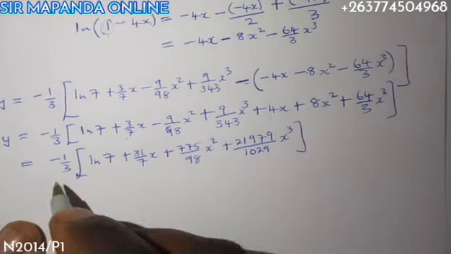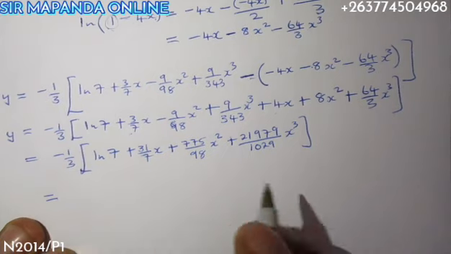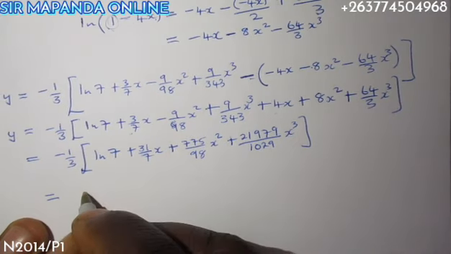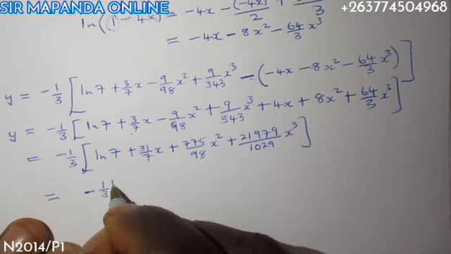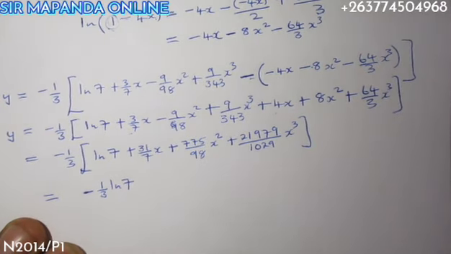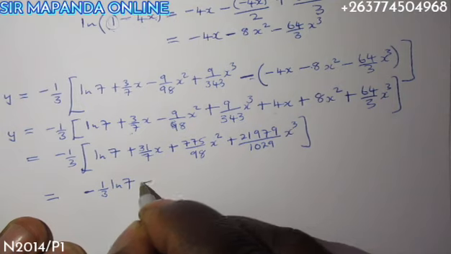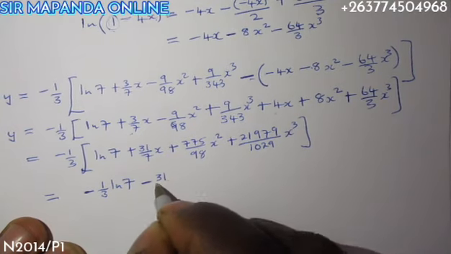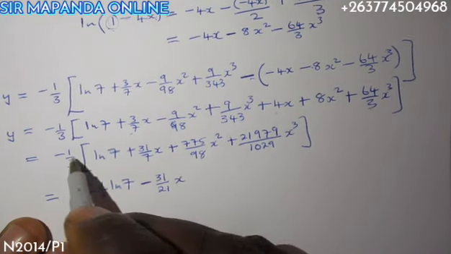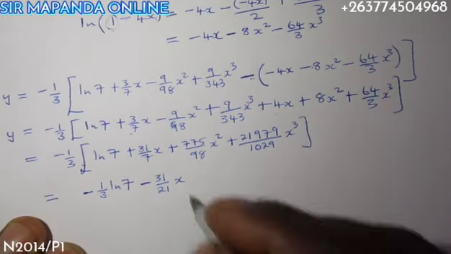Then you are now multiplying every term inside by negative 1/3. So you get negative 1/3 ln 7 as your first term. Then this one becomes negative 31 over 21 x, since 3 by 7 you get 21.